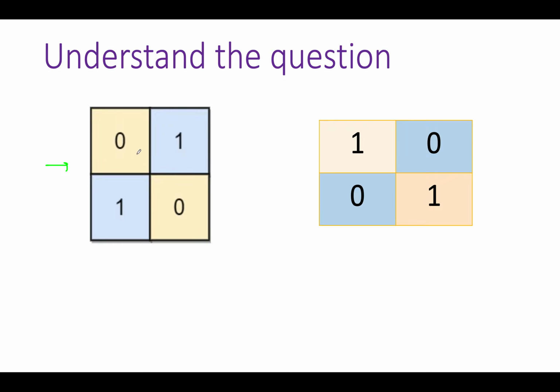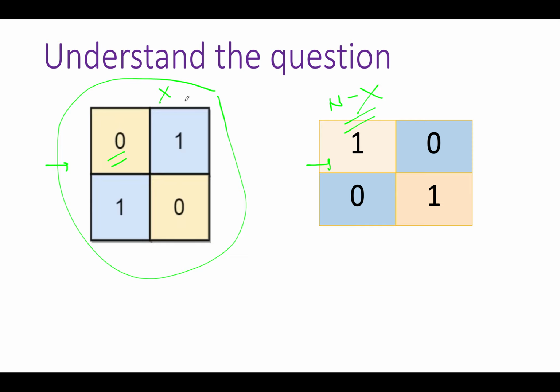The fact is, if the minimum number of swaps needed for making the grid in the format of a chessboard that starts with 0 is x, then the number of swaps needed to make this grid start with 1 would be n minus x, for columns and for rows, and we need to select the minimum one out of these two: the swaps needed to make the chessboard start with 0 and to make the chessboard start with 1. Just remember this point as well.